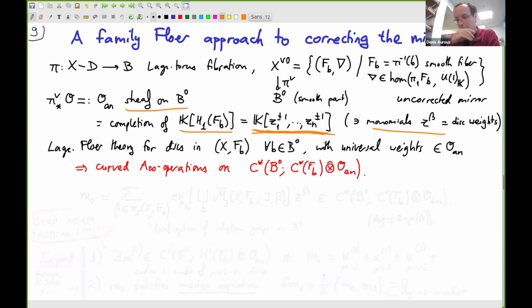And so now what you can do is you can try to do Lagrangian Floer theory for holomorphic disks, not just with boundaries on a single fiber, but instead on a moving fiber that's allowed to vary as it wishes, and with these universal weight coefficients. And the claim is that you should be able to develop a Floer theory that produces curved A-infinity operations, Floer-theoretic operations, on simultaneously all of those.